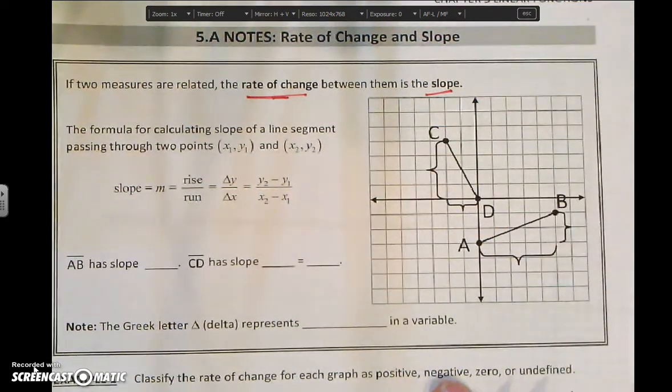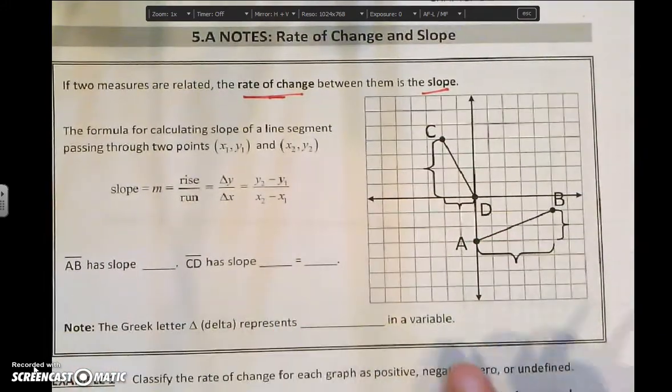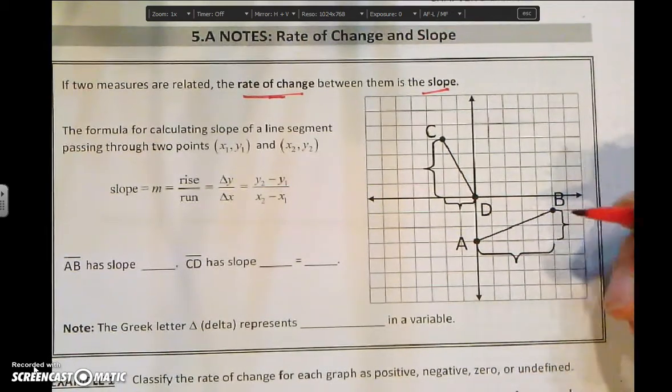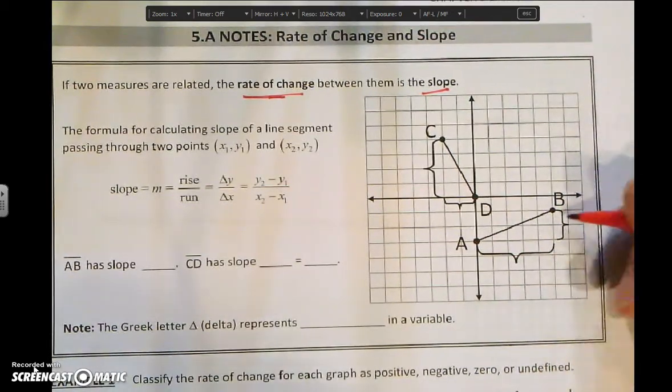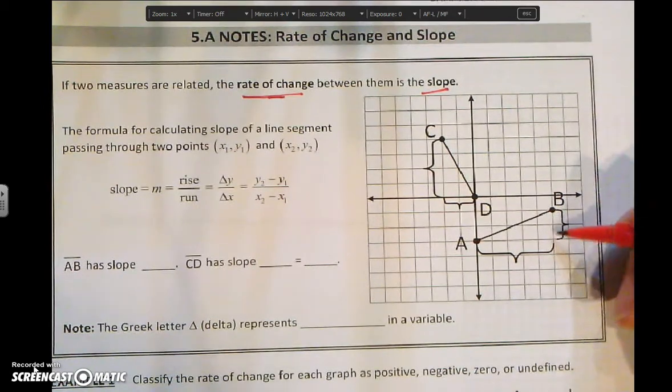In our graph over here, it asks about AB. If we wanted to do rise over run, I notice here's one point, here's the other. To go from B to A, I'm going down. Down is negative, up is positive.